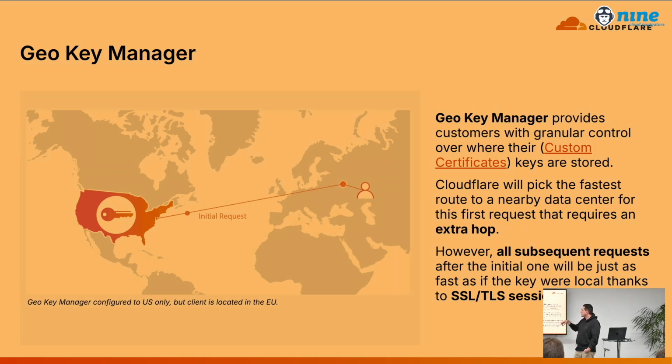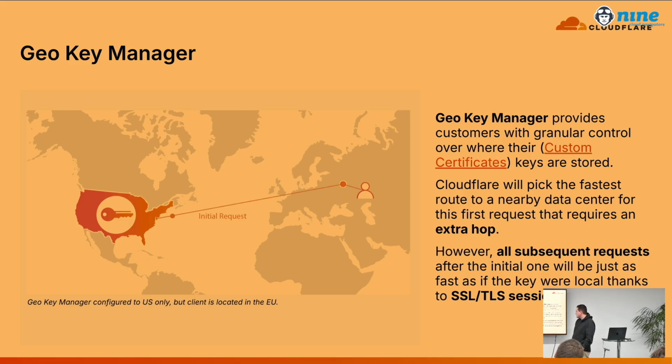And here, what happens is that the initial request that comes from an end user in Europe goes first to retrieve the key. And after it has retrieved it, the decryption is only done locally, based on the session resumption and TLS keys, right?